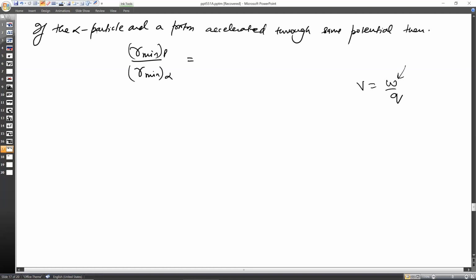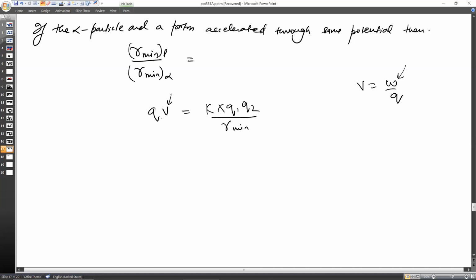Okay. So you need to keep in mind when we have alpha particles and the proton accelerating with the same potential, you can write it this way: instead of using the kinetic energy formula, QV equating with K is equal to Q1 Q2 upon R minimum. Okay, V is same here.